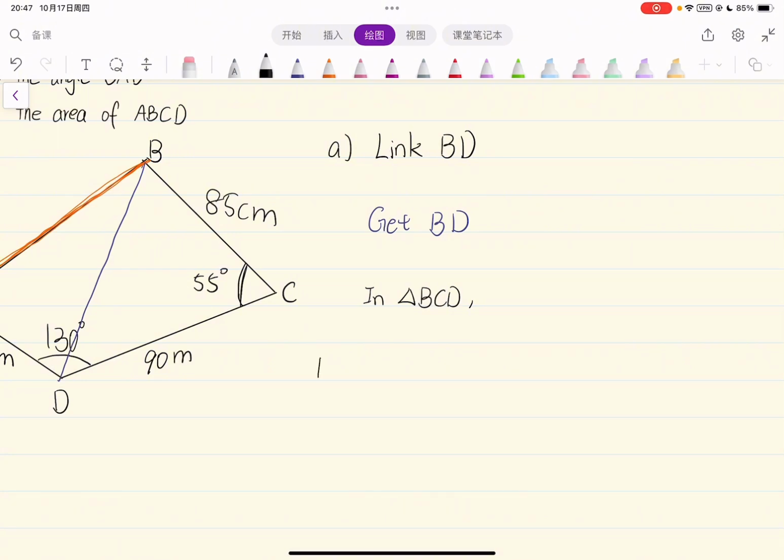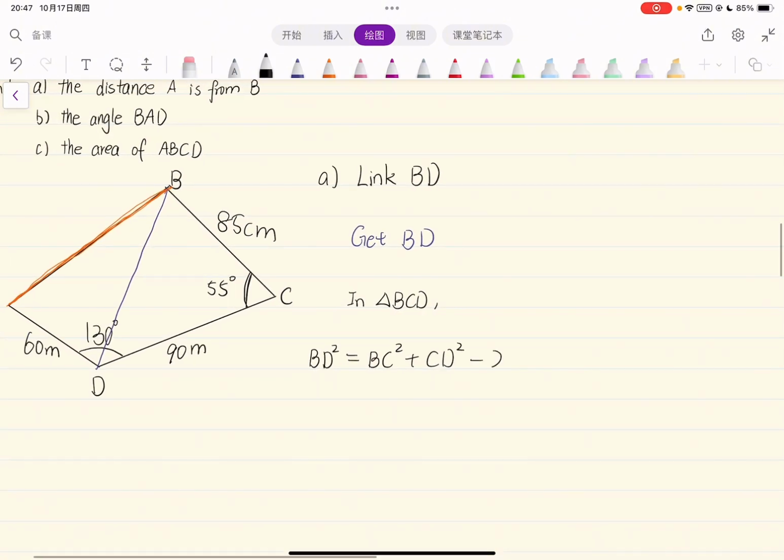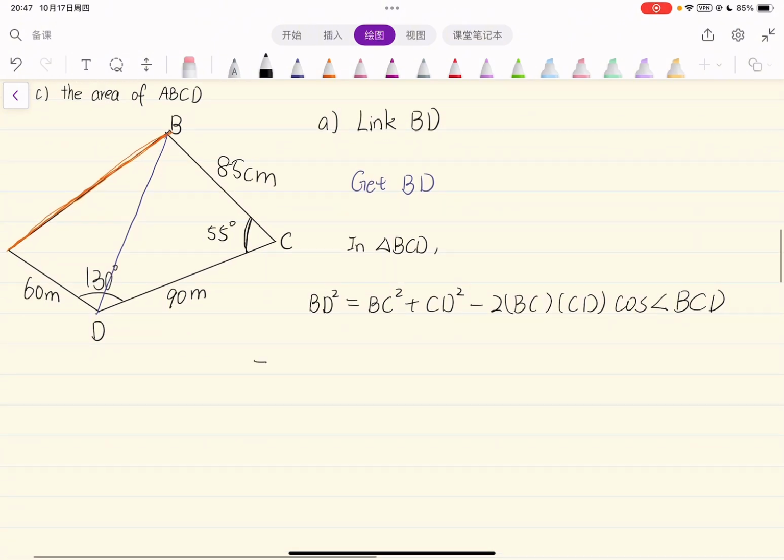We write down that BD squared equals BC squared plus CD squared minus 2 times BC times CD times cosine of the angle BCD. So BD equals the square root of that.